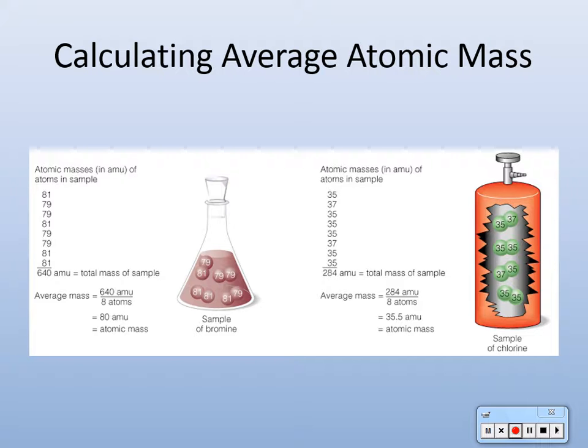But on average, 6 of the 8 chlorine atoms are chlorine 35. Only 2 of the 8 are chlorine 37.